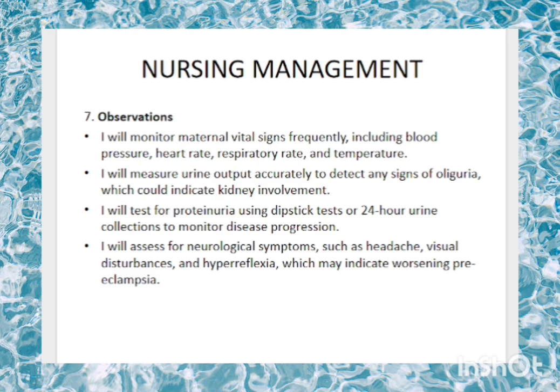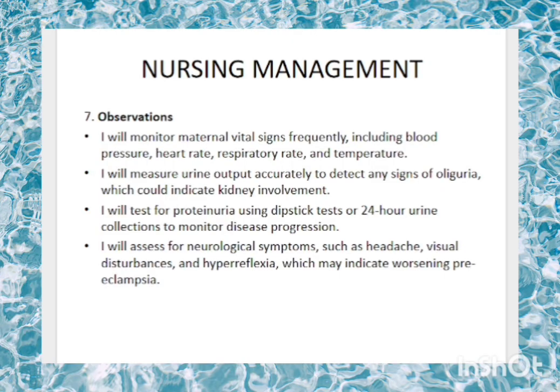another heading is observation. So in observation, we're now observing the mother. I will monitor maternal vital signs frequently, including blood pressure, heart rate, respiratory rate, as well as temperature.